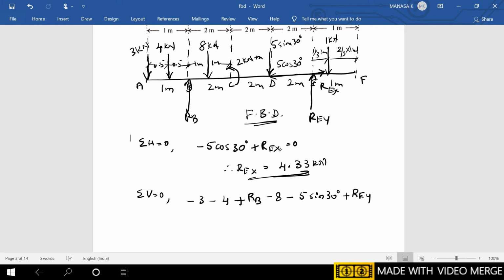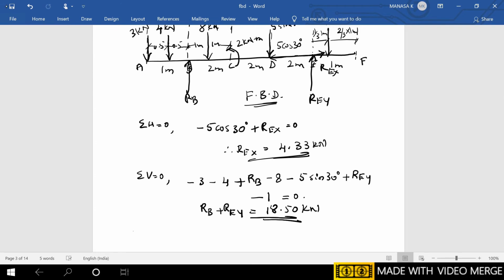Next, the load which is acting downwards, that is minus 1 between E and F, which is equal to 0. Solving this equation, you will get RB plus REY is equal to 18.50 kilonewton.